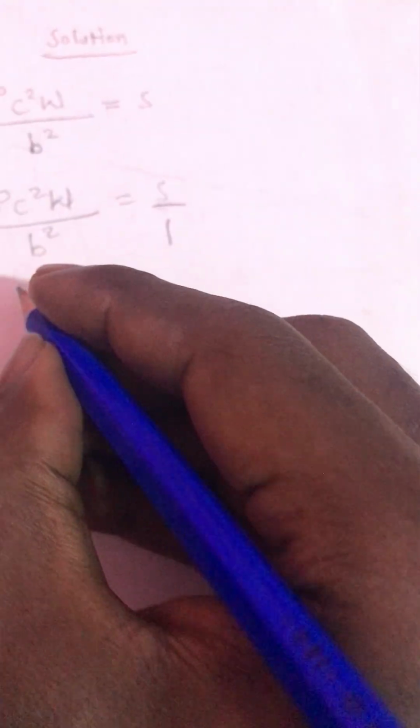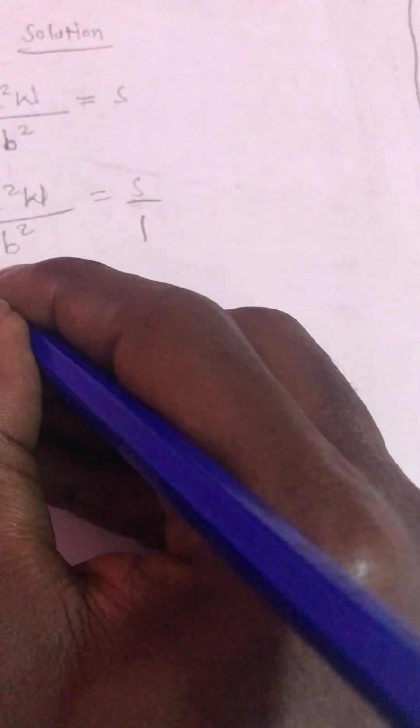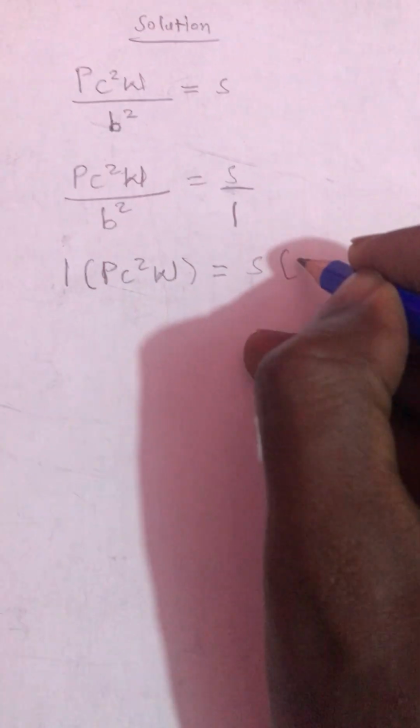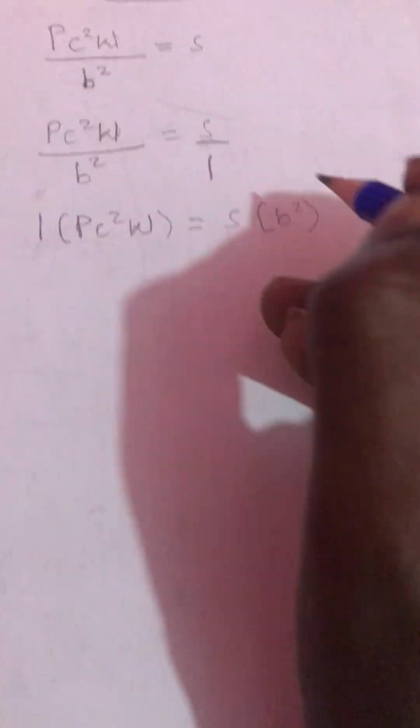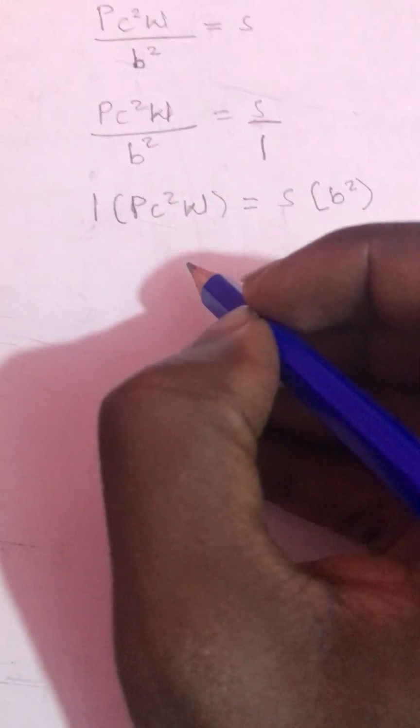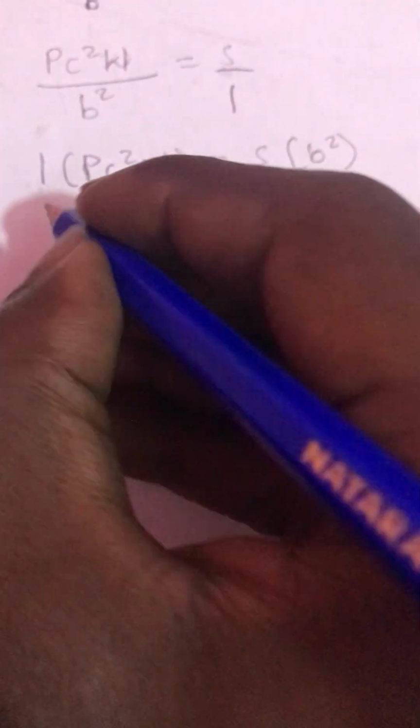So we are going to have our equation to be 1 multiplying P C squared W, right, equals S multiplying B square, right? So 1 multiplying another number will give you that number, which is P C squared W, right?